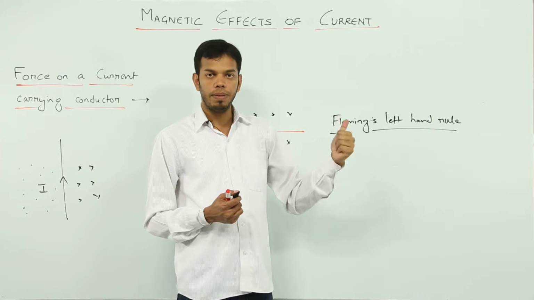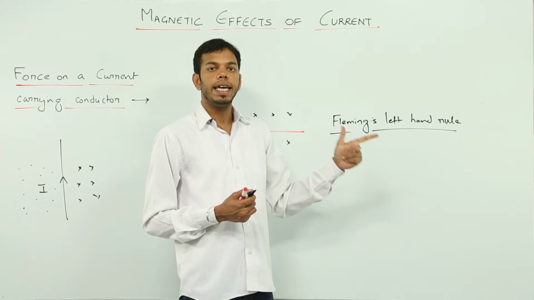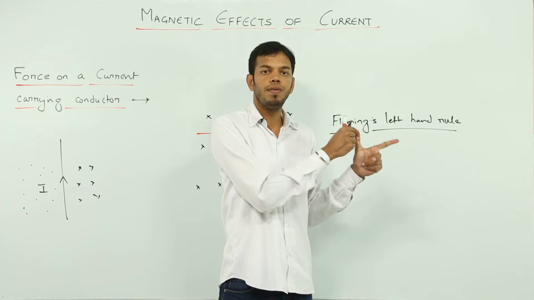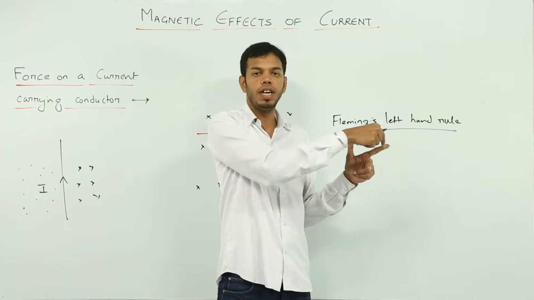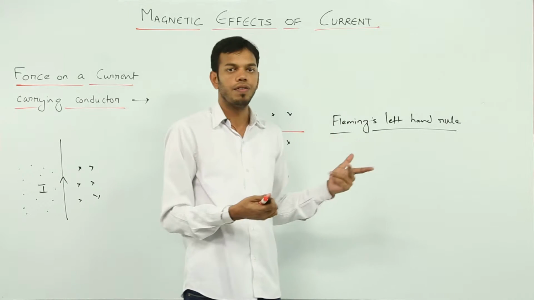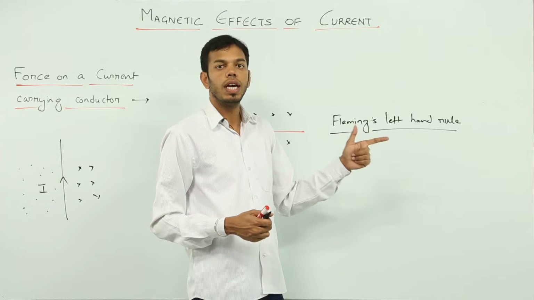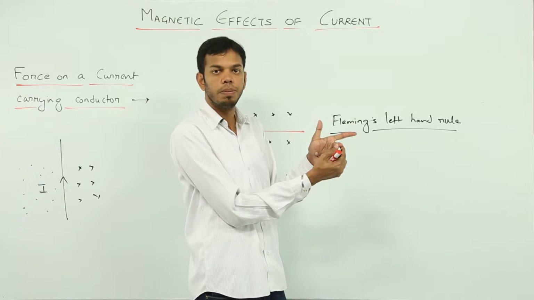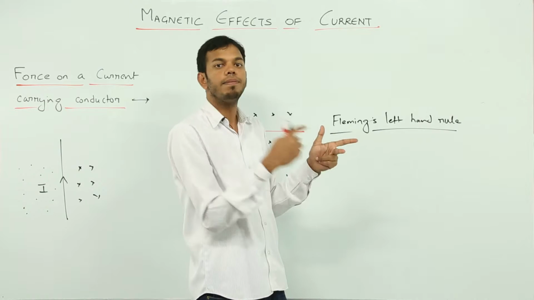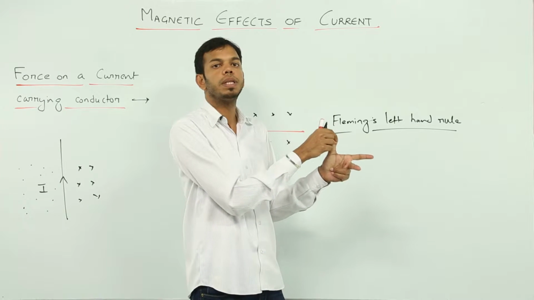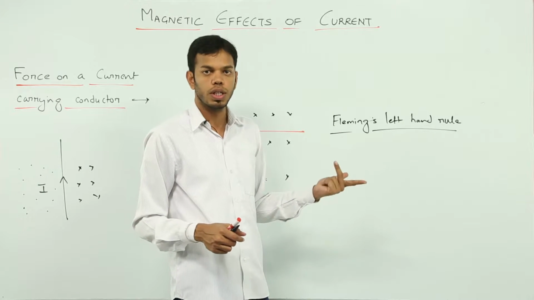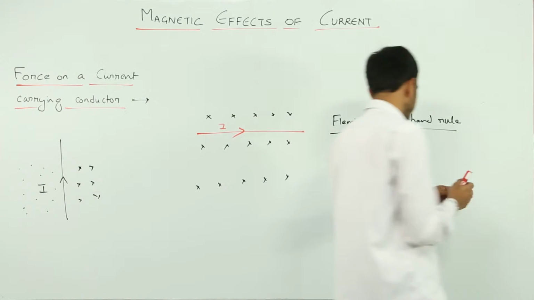When we place the thumb, first finger and middle finger in three mutually perpendicular directions, such that the first finger represents the direction of magnetic field and the middle finger represents the direction of flow of current, then the thumb will represent the force experienced by the conductor. So the thumb gives you the direction of force experienced by the conductor.